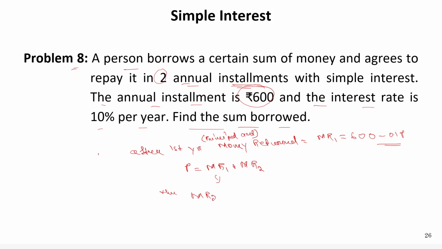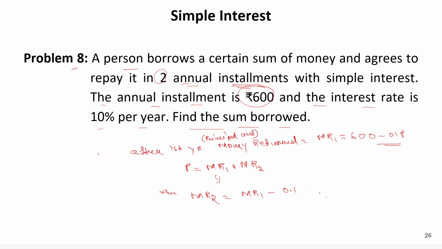MR2 is equal to P minus MR1, and this much into 0.1, right? So it will be something like MR1 minus 0.1 into MR.